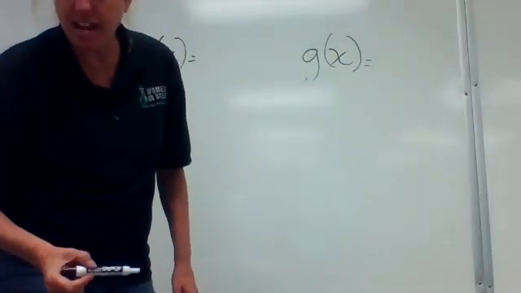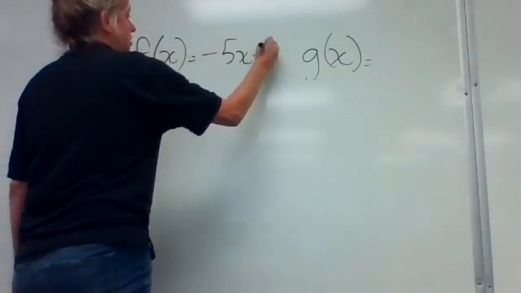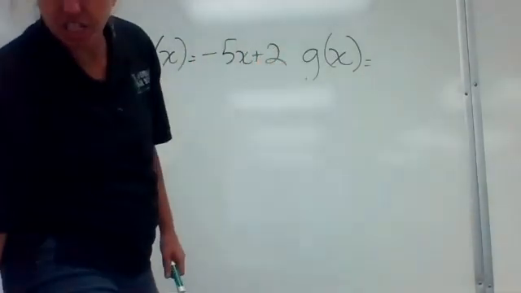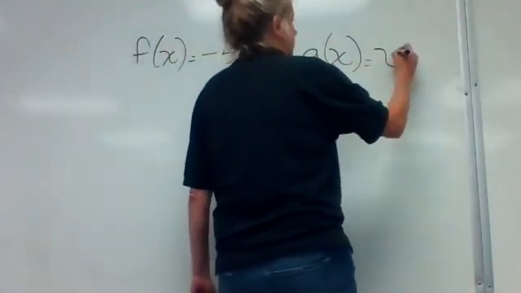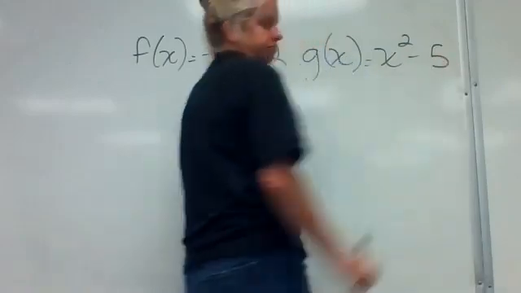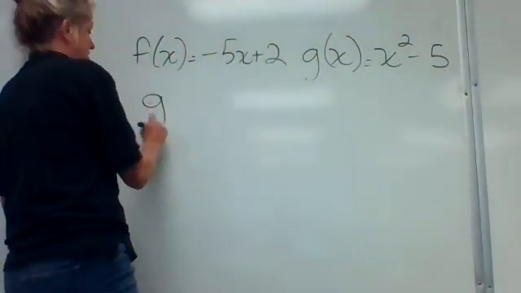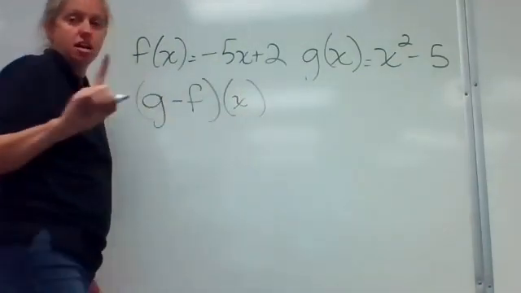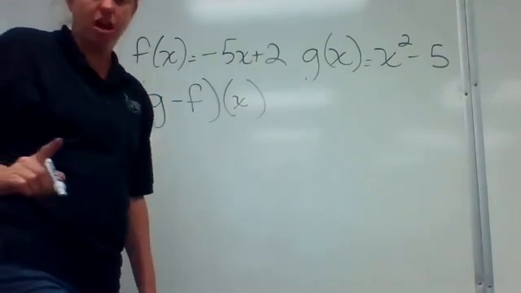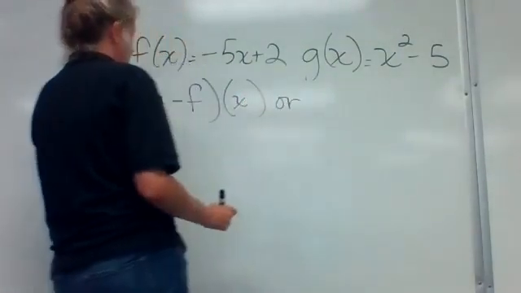F of x equals negative 5x plus 2. And g of x is x squared minus 5. And we are finding g minus f of x. Also note on this one, look, if I wrote this out the way I like it, what is it going to say?